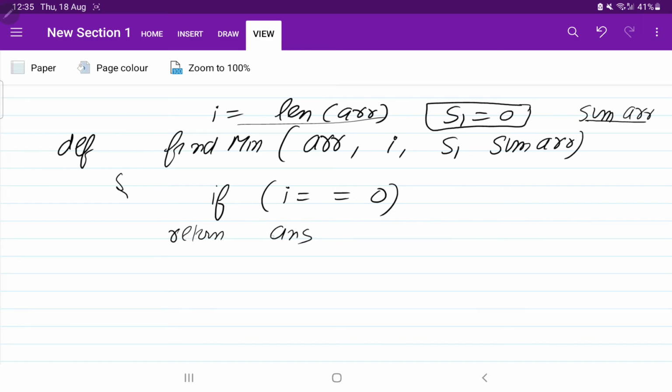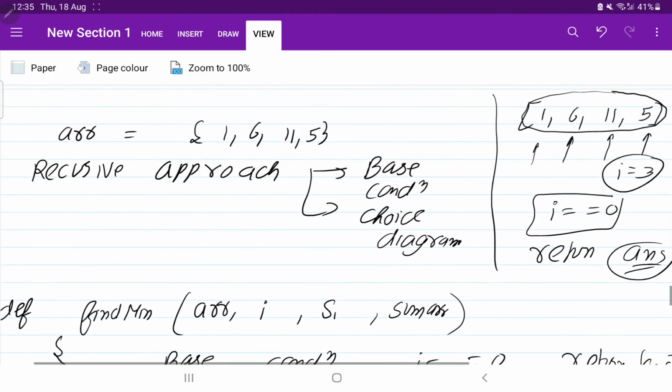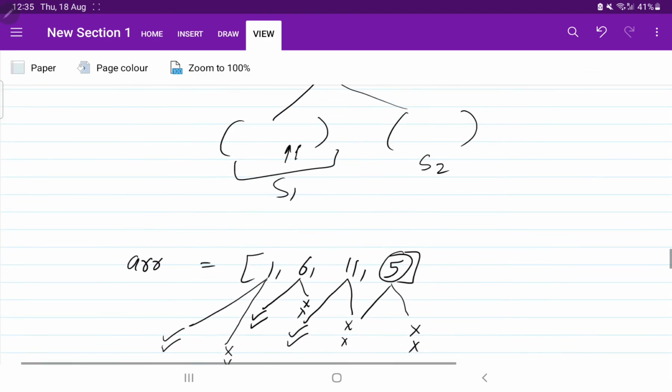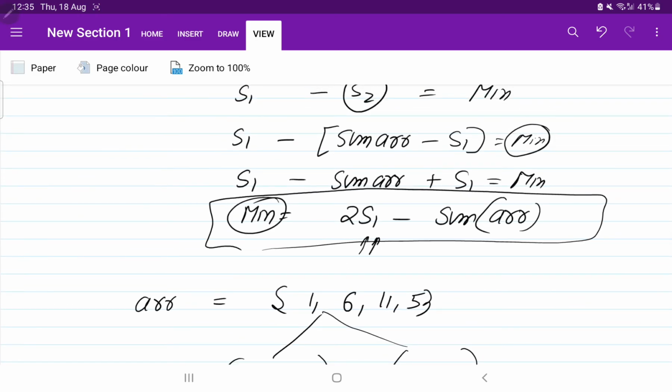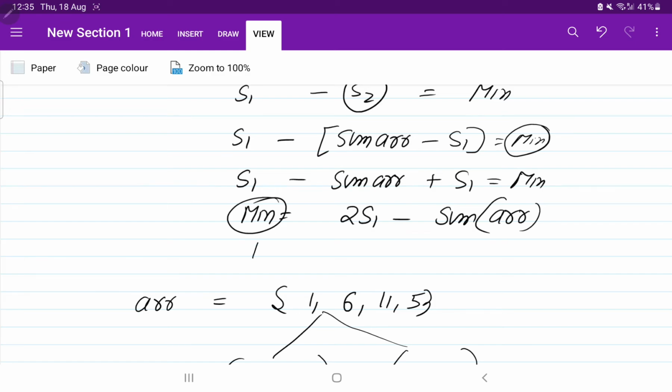And what was the answer? I told you earlier, our answer was the minimum. I told you what we need to find: we need to find the minimum difference. And what was the minimum? 2 times S1 minus sum of array. This is our answer.